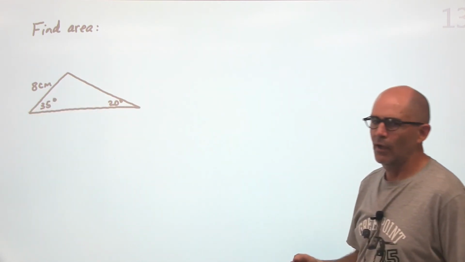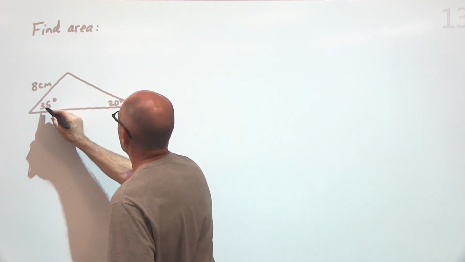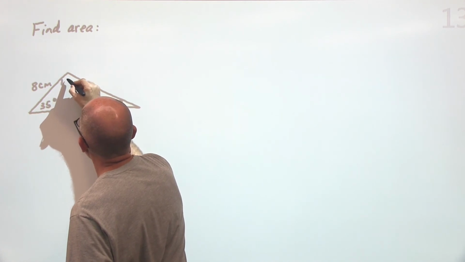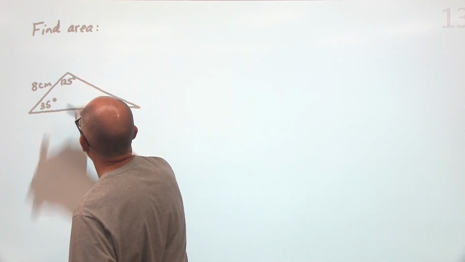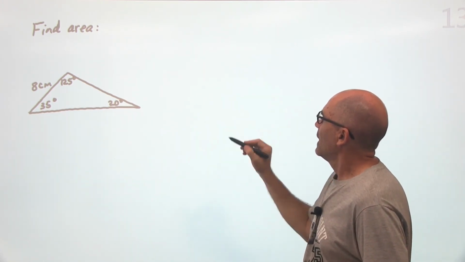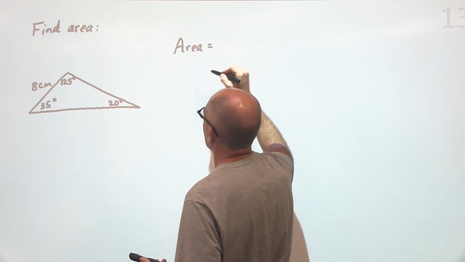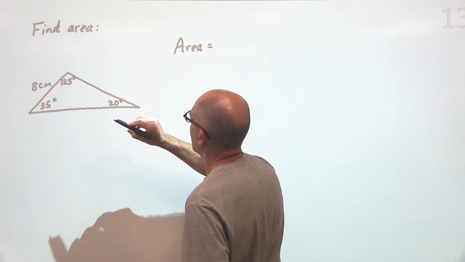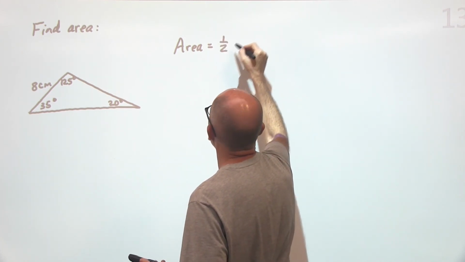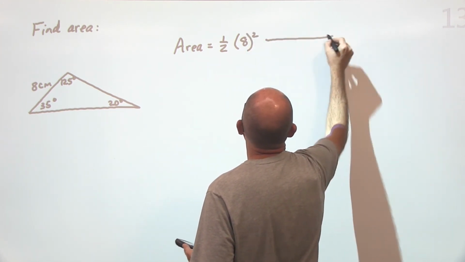All right, now notice we're given angle, angle, side. So what do we do? Well, if we want the third angle, all we have to do is go 35 plus 20 is 55, subtract 55 from 180, and I get 125. So now I have area equals one half times 8 squared times the fraction.